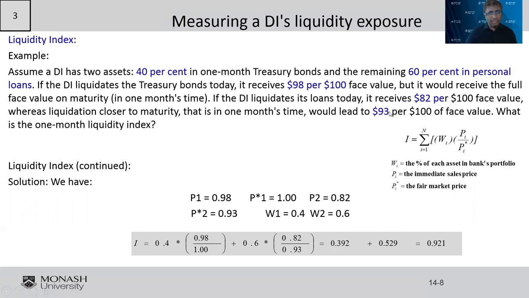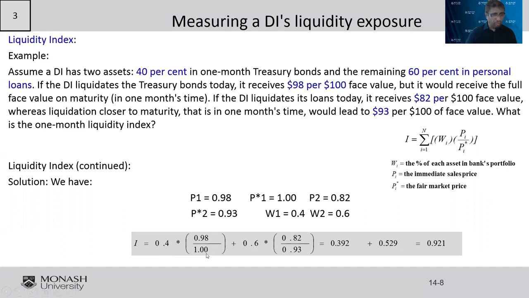So if you take this, this is the BI star, and this is the P. Okay, you just calculate. The weight is 40% for the government securities and 60% for the loans.